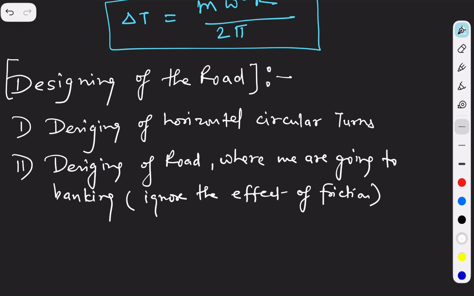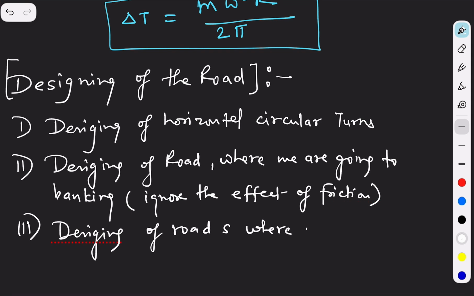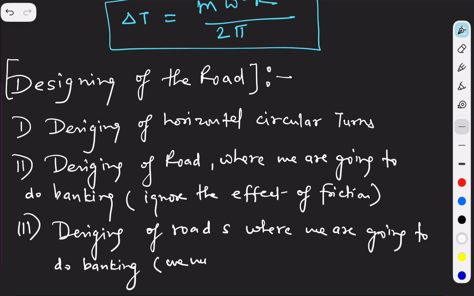And then the third part is designing of roads where we are going to do banking, but we will take the effect of friction.